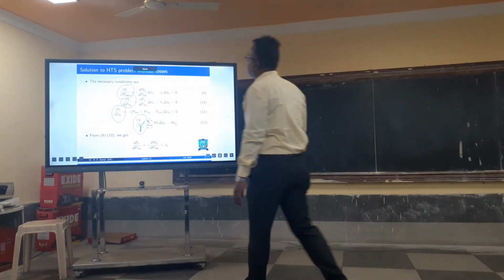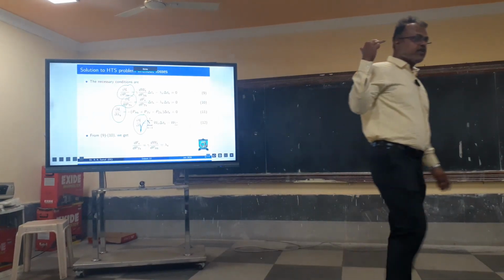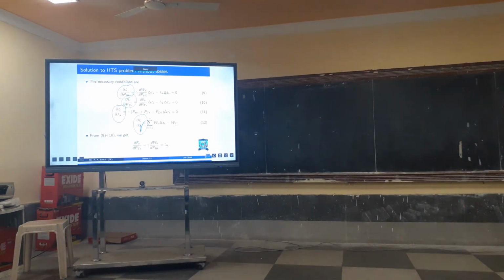Only write what I have highlighted. Write down: dou L by dou PHK, dou L by dou PTK, dou L by dou lambda k, and dou L by dou gamma. So these are the 4 equations that you will get and then solve it.